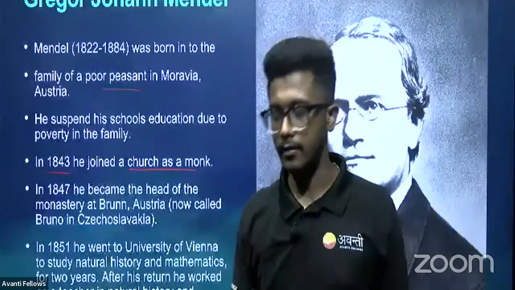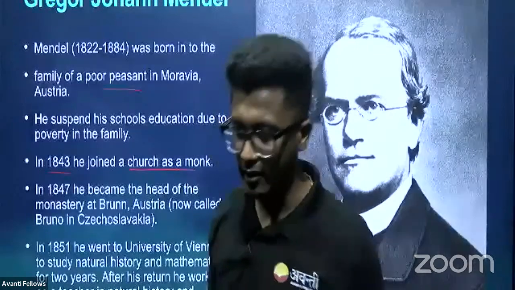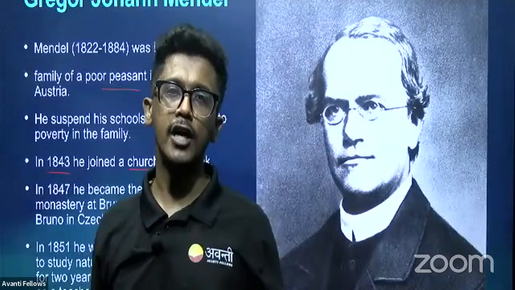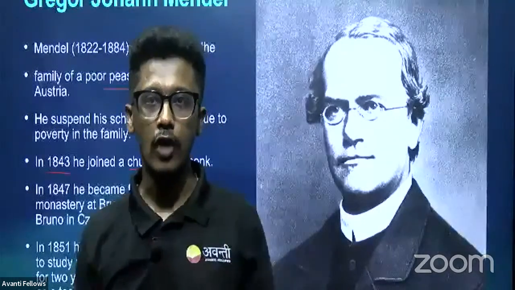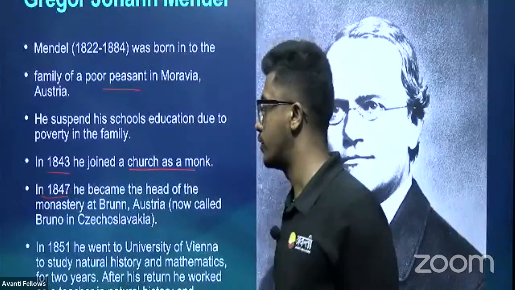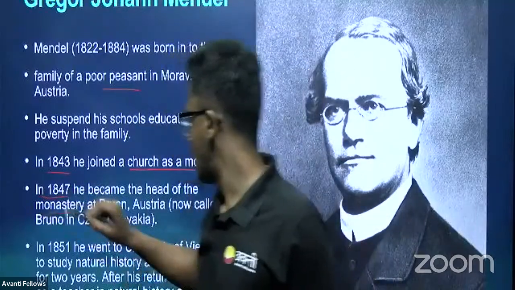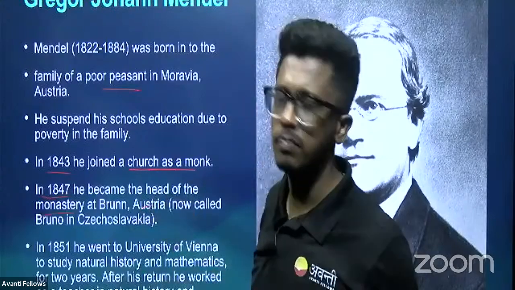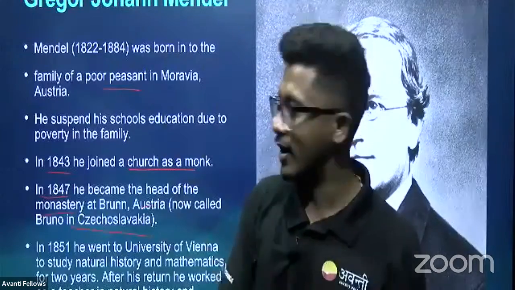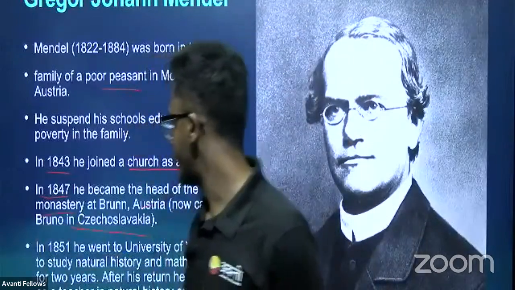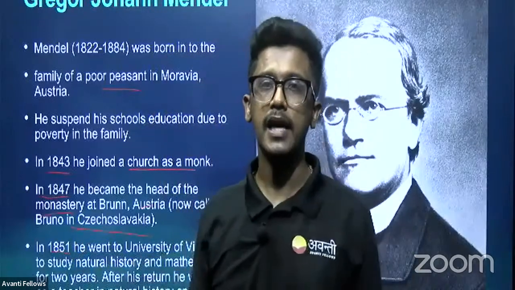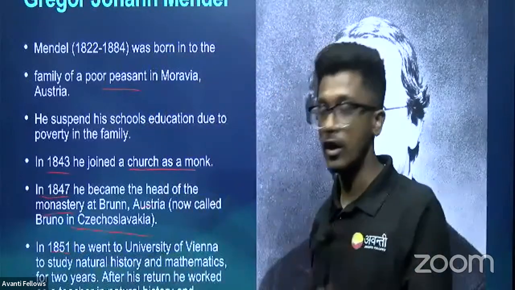Even though he was religious and quite philosophical, his interest in science did not stop there. In 1847 he became the head of the monastery in Brno, in what is presently Czechoslovakia. In 1851, just a few years later, he picks up his education again.